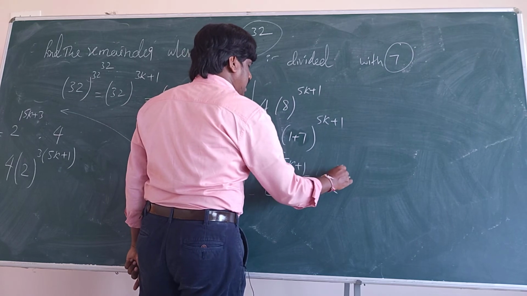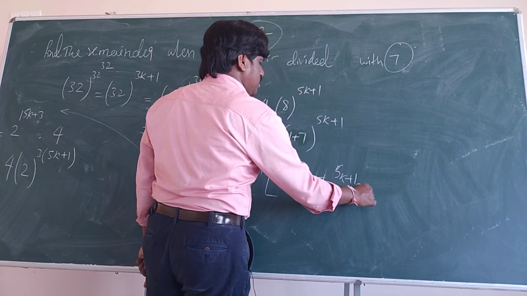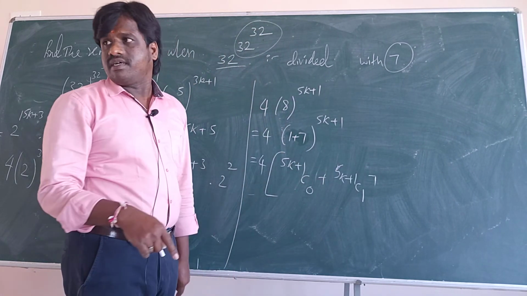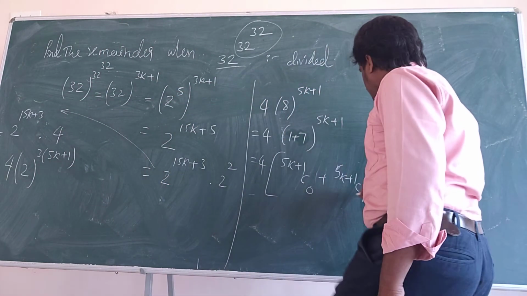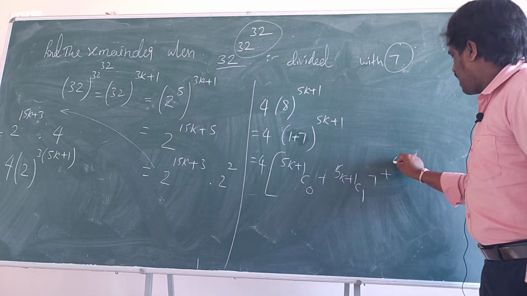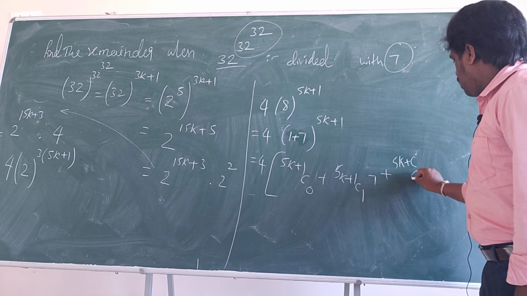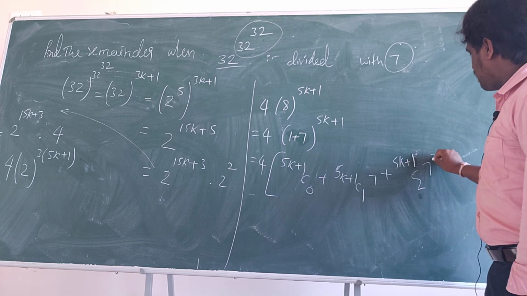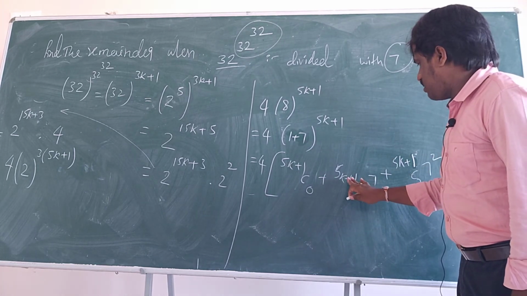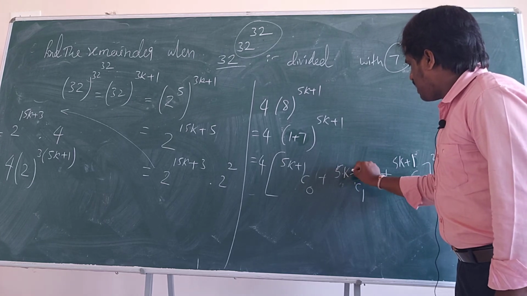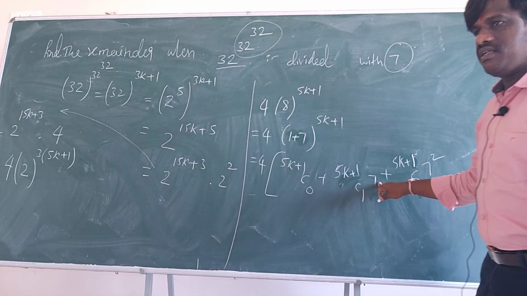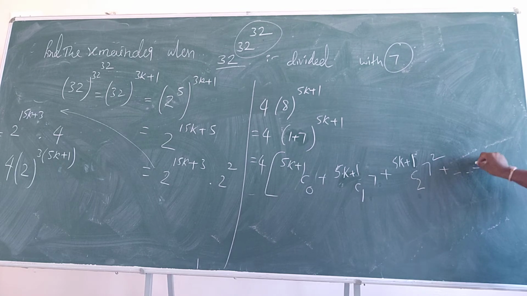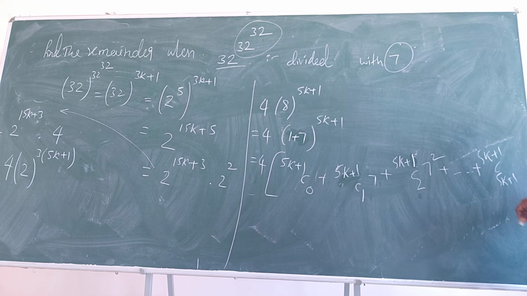Plus 5k plus 1 C1, 7 power 1, so here I am going to get a multiple of 7. Then 5k plus 1 C2 into 7 squared. Likewise, at the end I get 5k plus 1 C 5k plus 1, 7 to the power of 5k plus 1.